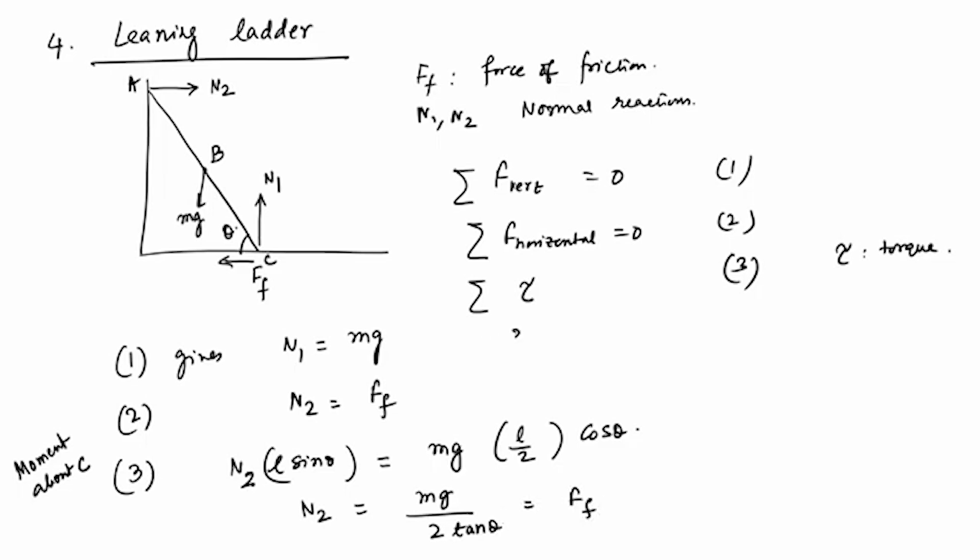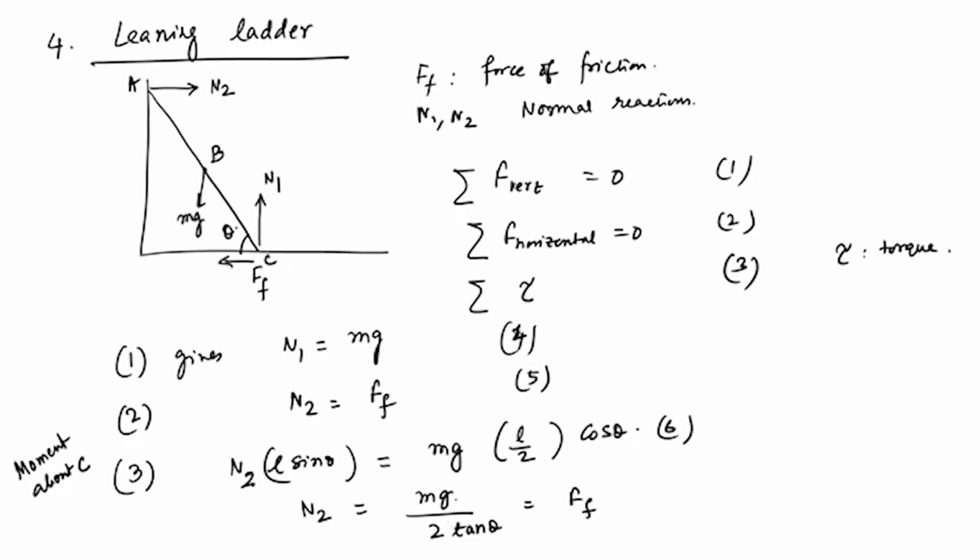So let us call these equation 4, equation 5, and equation 6, and then of course, because f_f, the frictional force, is equal to N2, N2 is equal to mg by 2 tan theta.